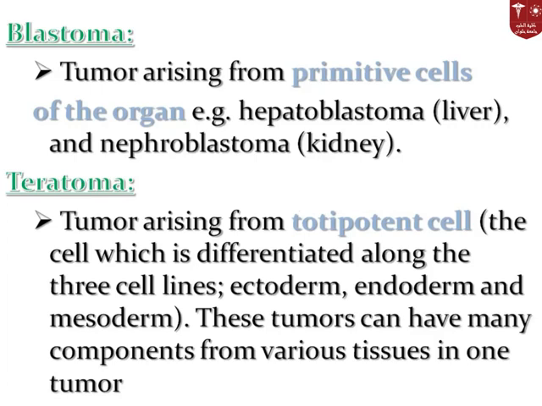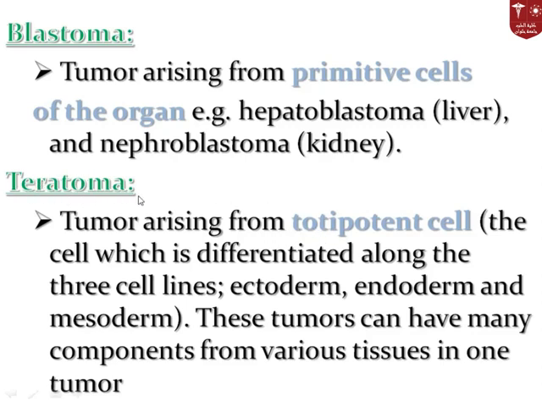So in this case, the totipotent cell tumor will have different types of tissue. Like we may have a tumor that has skin and pancreas and brain tissue and cartilage or bone, all in a single mass. Okay, so we call this one teratoma.